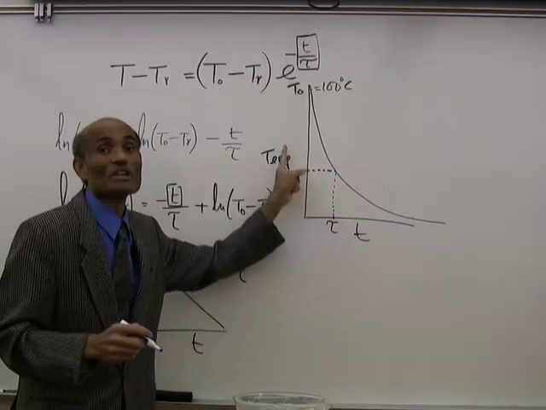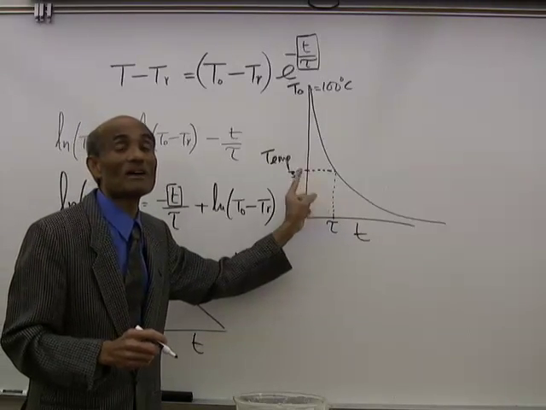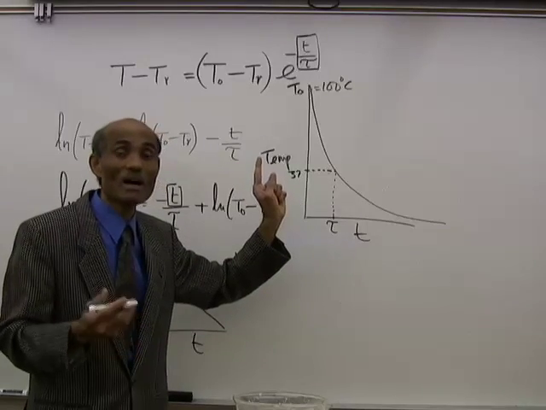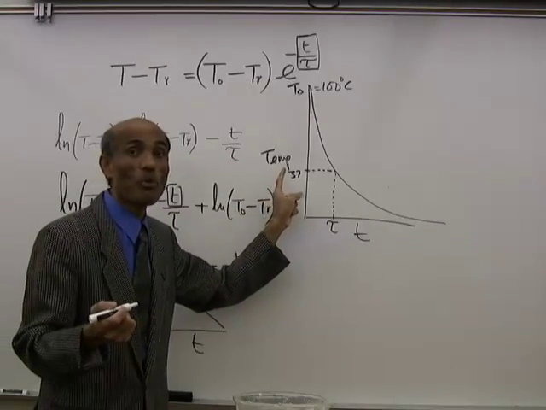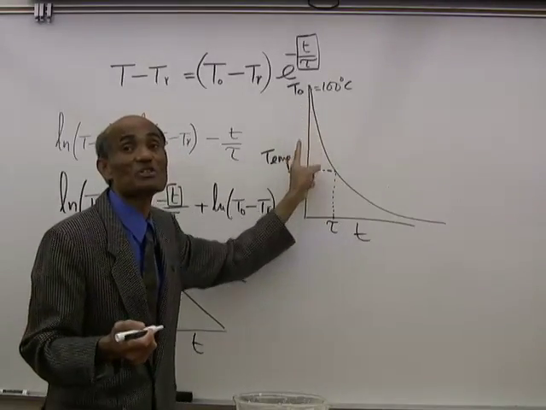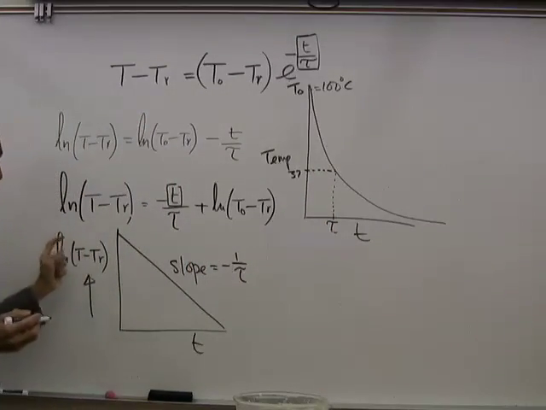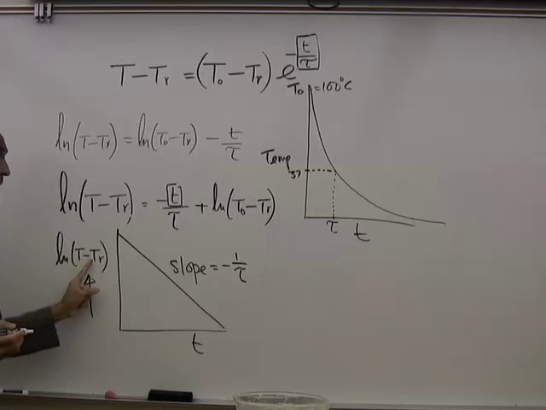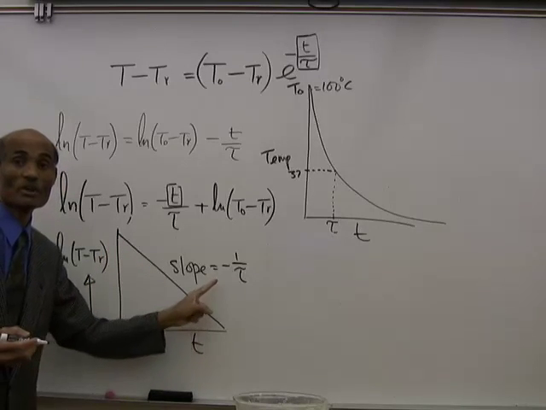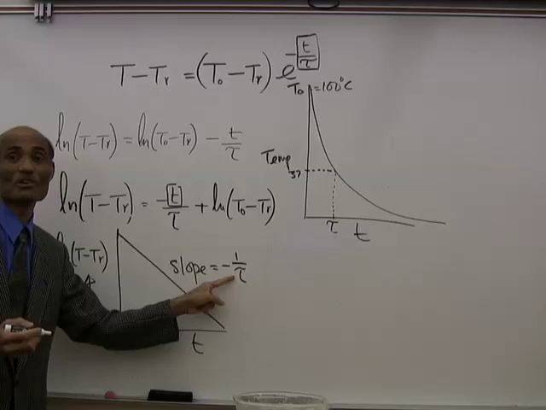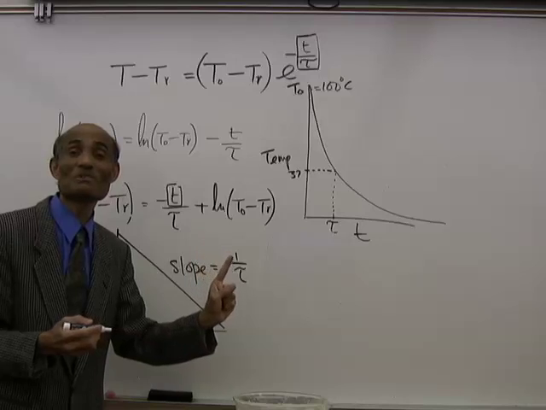The first graph is the temperature against time, and we use that graph to measure the time taken by the temperature to fall by 0.37 of its initial value, and that is a measure of the time constant. Also, by drawing a graph of ln(T - Tr) against time and measuring the slope, you get the reciprocal of the time constant. So obtain two values of the time constant and obtain a percent difference.